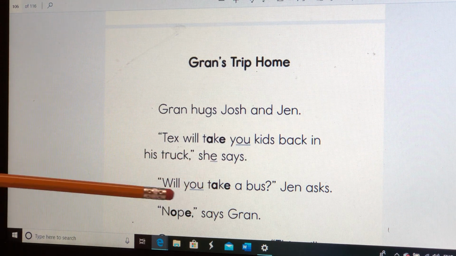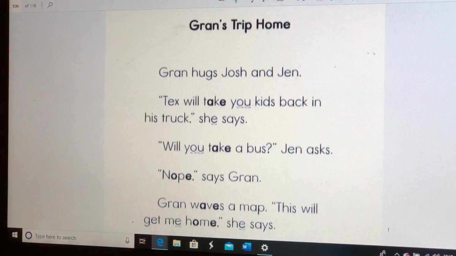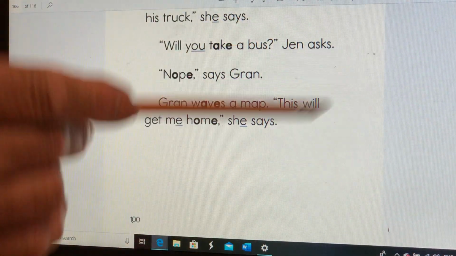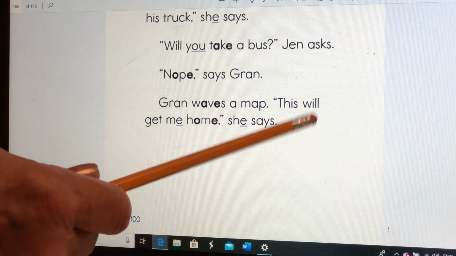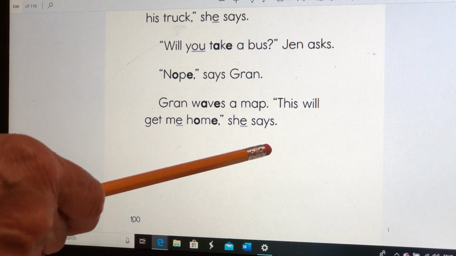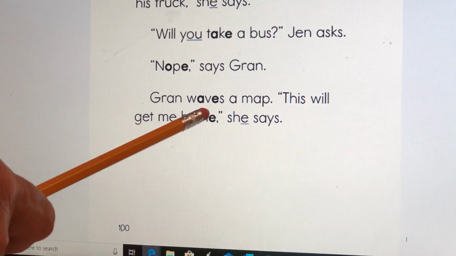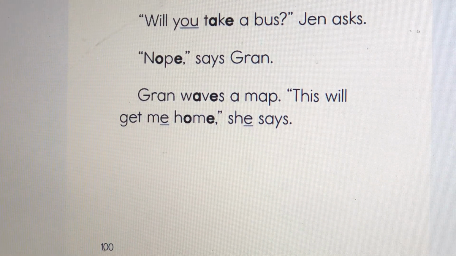She says, will you take a bus? Jen asks. Nope, says Gran. Gran waves a map. This will get me home, she says. Let's read that again. Gran waves a map. This will get me home, she says.